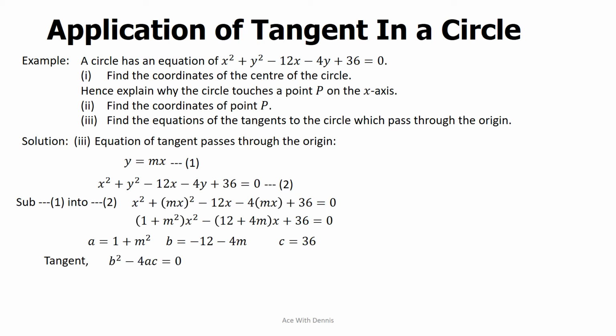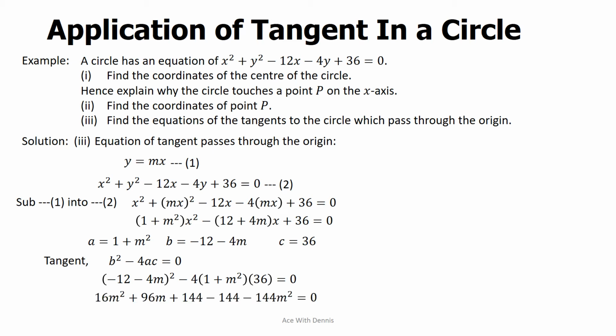Since the line is a tangent, therefore the discriminant b² - 4ac equals 0. So it will be (-12 - 4m)² - 4(1 + m²)(36) = 0. So we can solve this equation by expanding the brackets, which becomes 16m² + 96m + 144 - 144 - 144m² = 0.